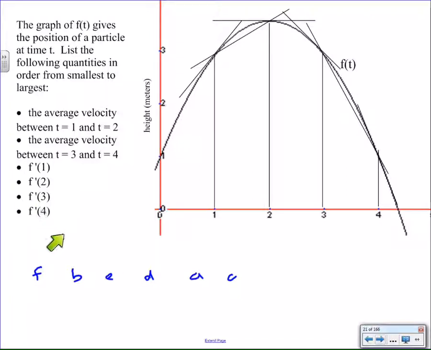The average rate of change between 3 and 4 is the slope of this secant line right here. That's going to be slightly bigger than the slope of the line here, and so on. So the largest value is C, which is f prime of 1. f prime of 1 is the steepest positive slope out of all of the slopes that we have to choose from.